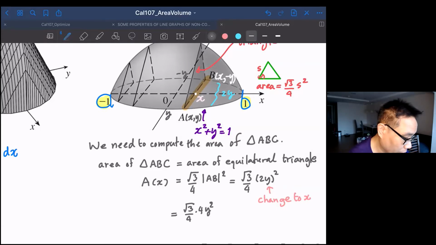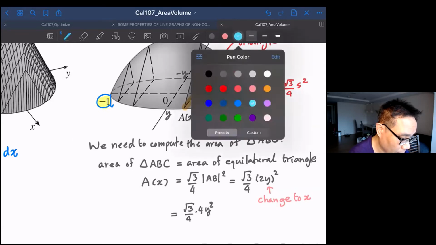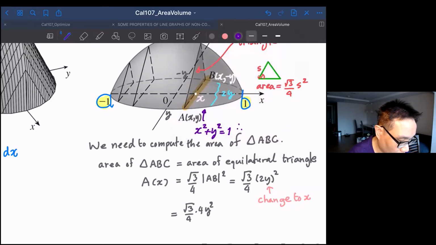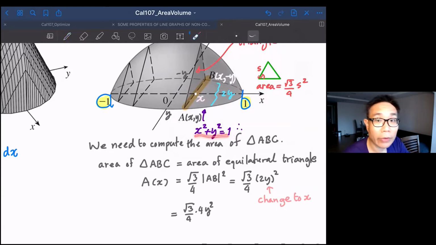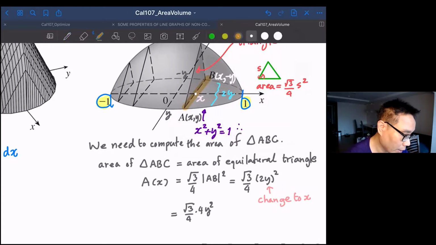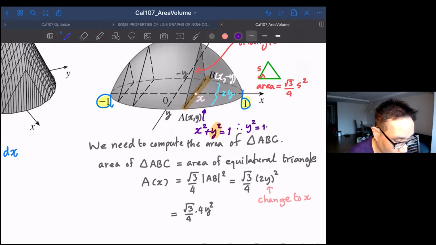And you know x squared plus y squared equals 1. In this case, you solve for y squared, so y squared equals 1 minus x squared.